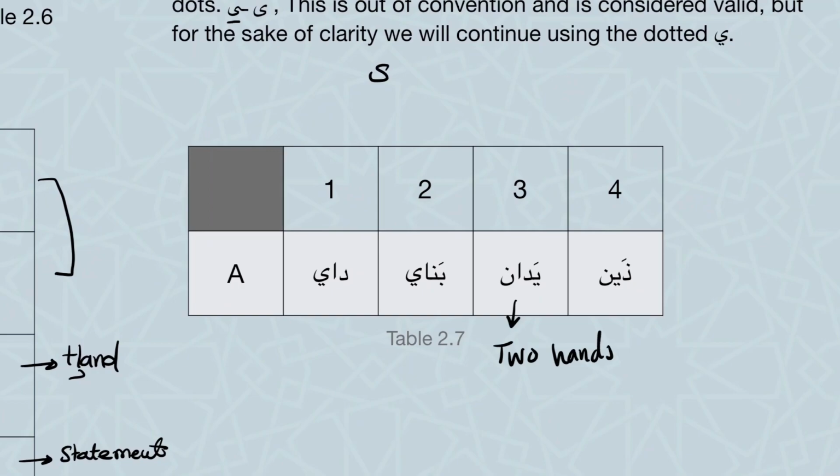Number 4: there's a fatha on the dal, there's nothing on the ya. Let's assume there's a fatha, so I would pronounce this dhayan, dhayan.